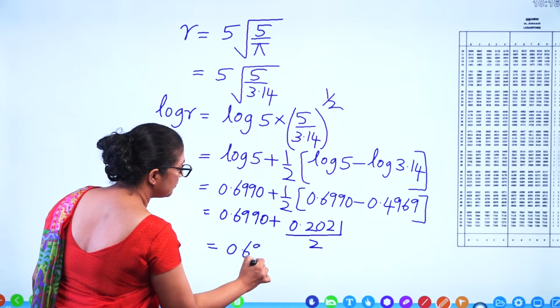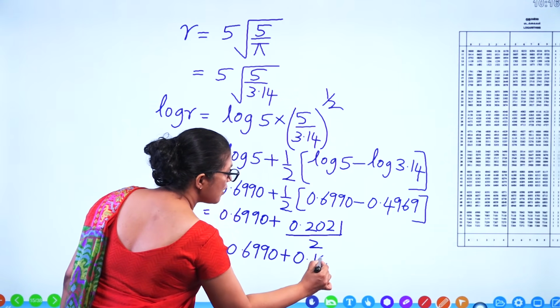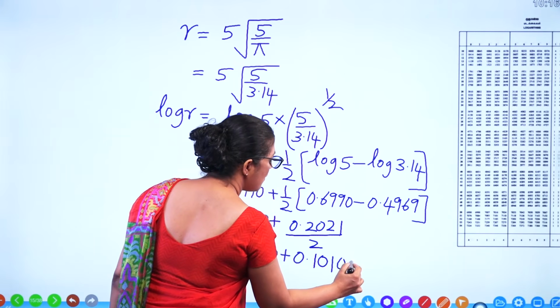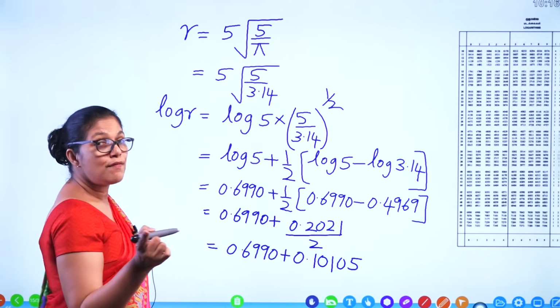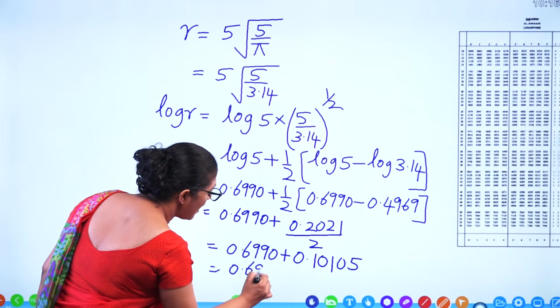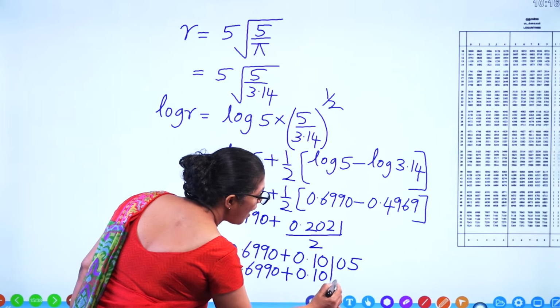You get 1.0105 roughly. Here you don't need 5 decimal places, so we can round it. .6990 and .1011.